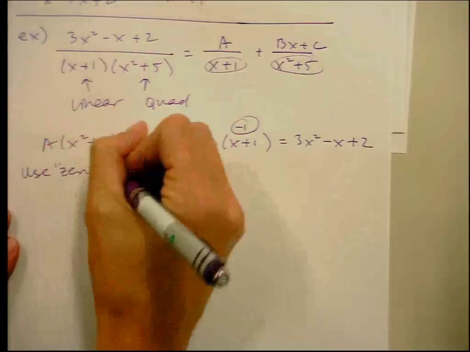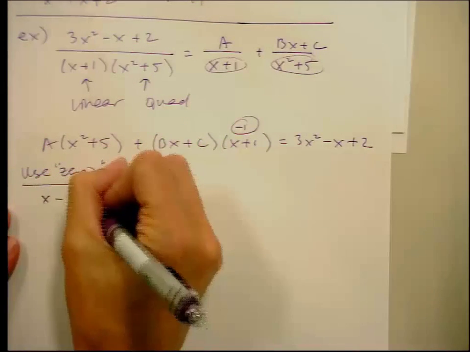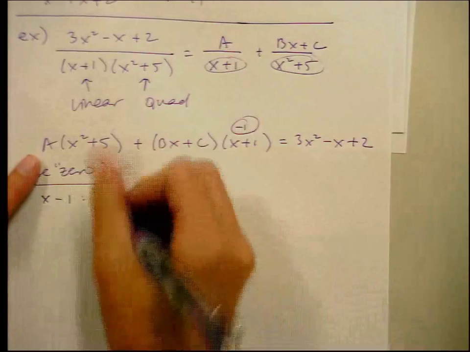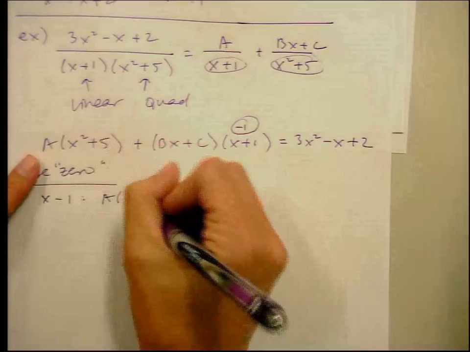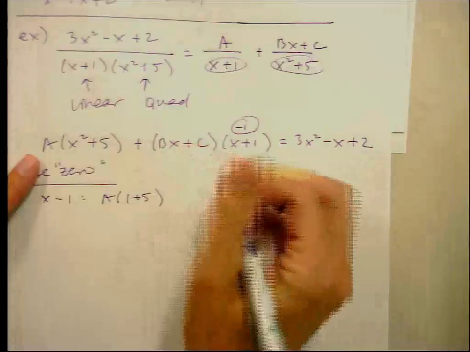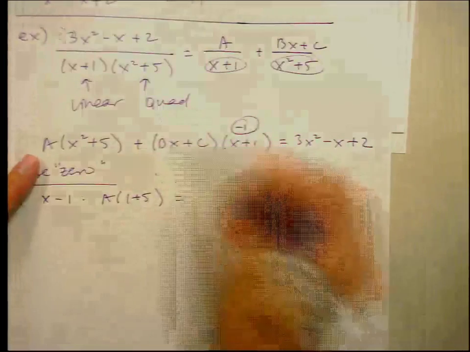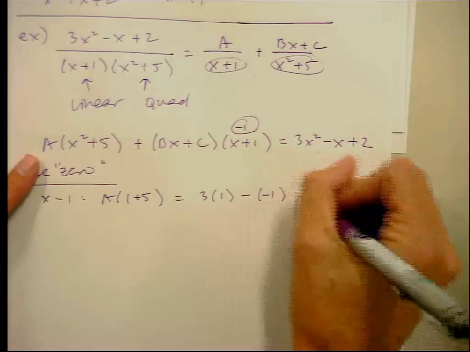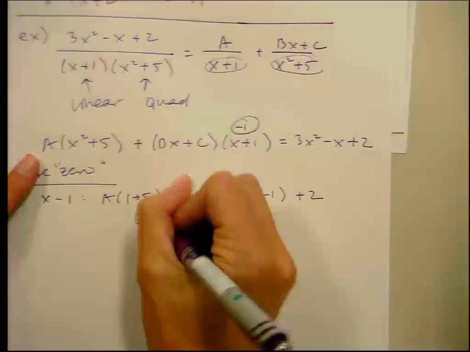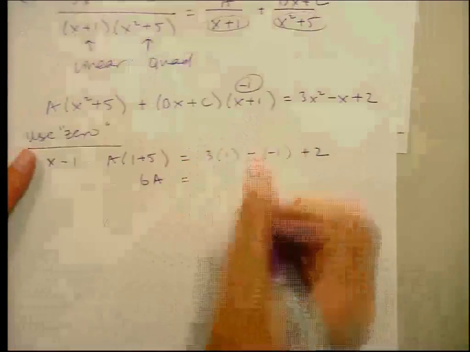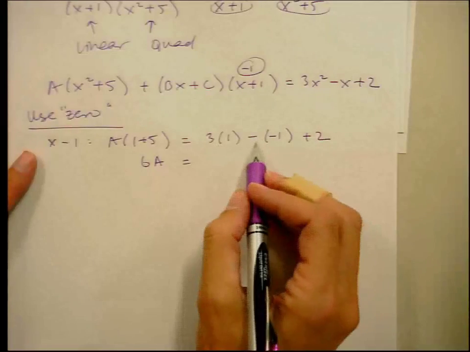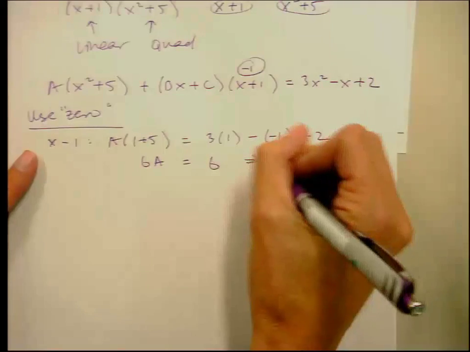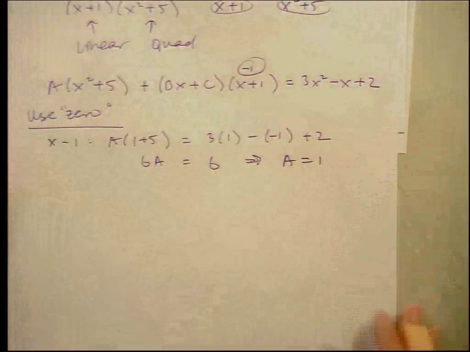Use a 0, and that's with negative 1. So this is going to give me A times 1 plus 5. That all zeroes out, and on the other side I get 3 times 1 minus negative 1 plus 2. Okay, 6A equals 3 plus 1 plus 2, that's 6. Okay, nice. A is equal to 1.